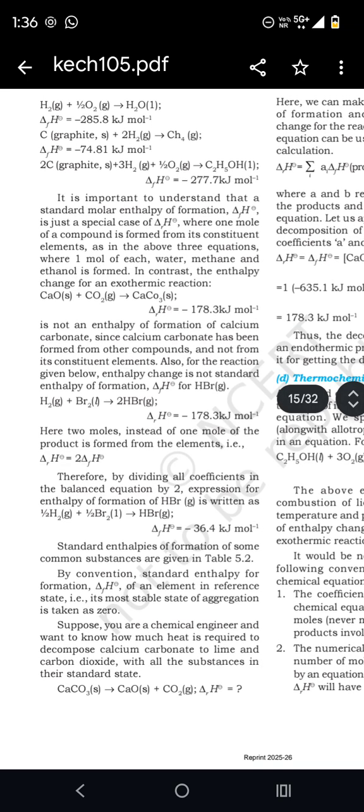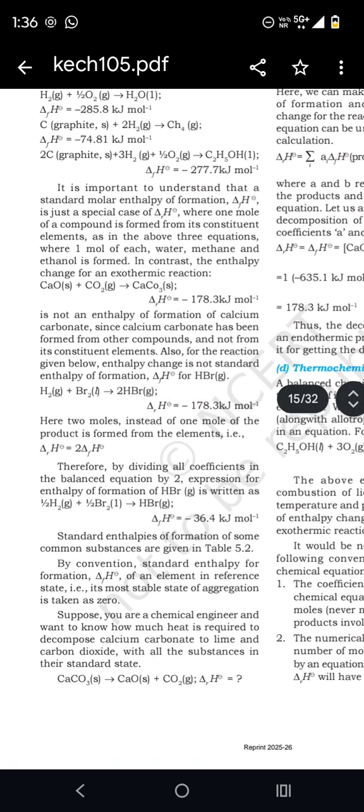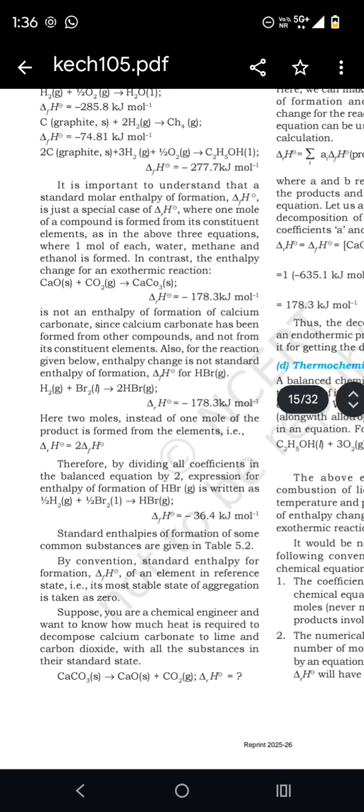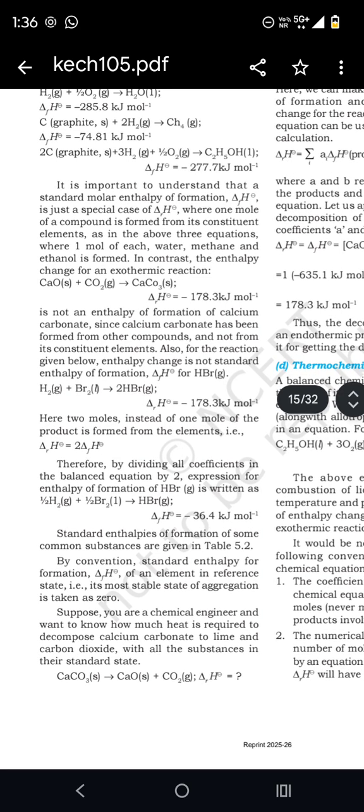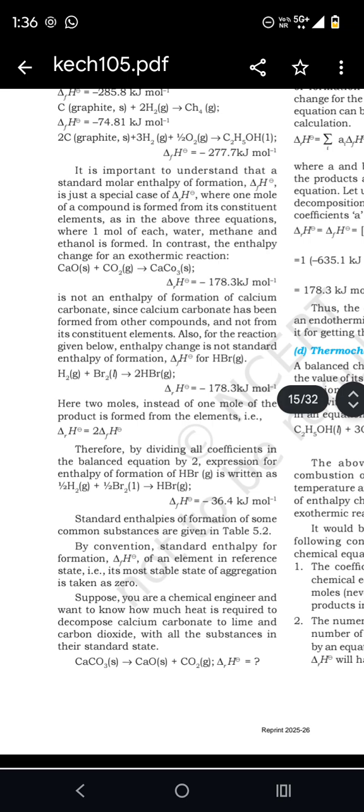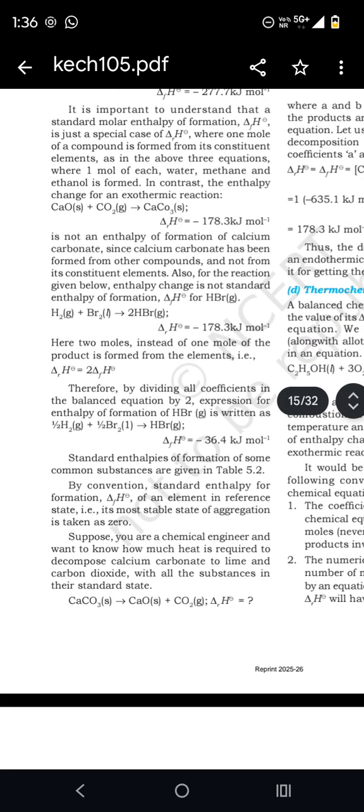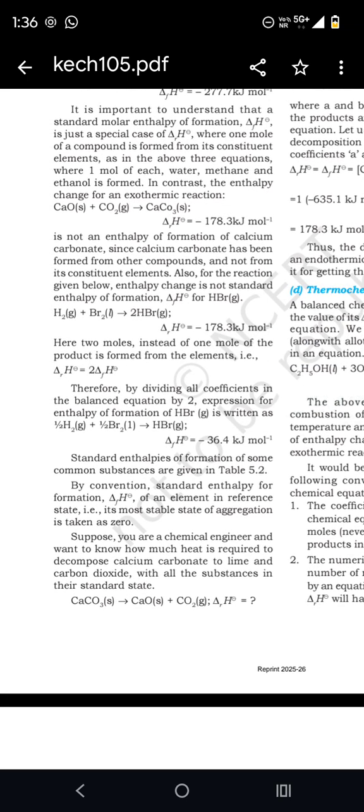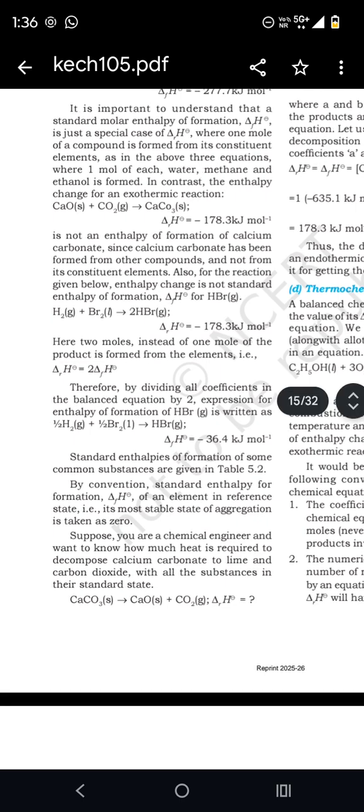Therefore, by dividing all coefficients in the balanced equation by 2, the expression for the enthalpy of formation of HBr is written like this. Standard enthalpies of formation of some common substances are given in table 5.2.